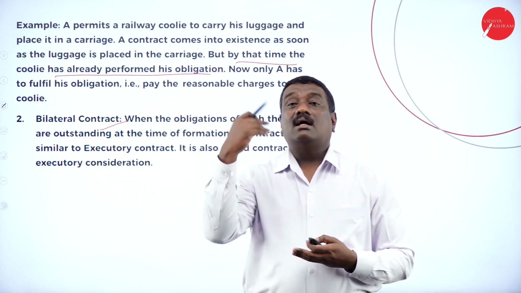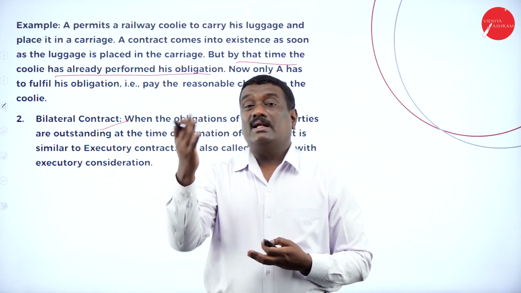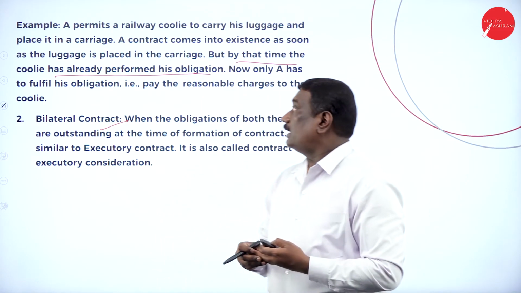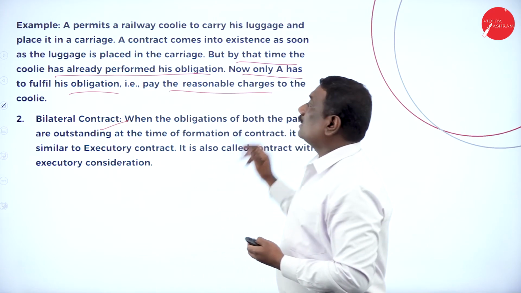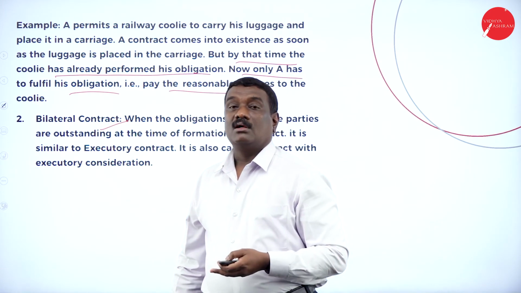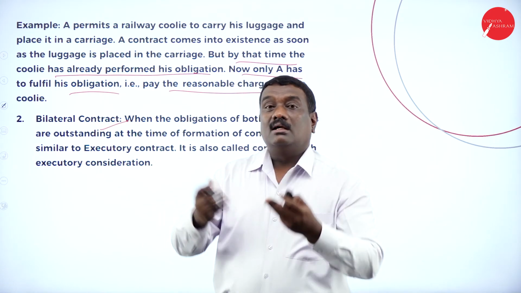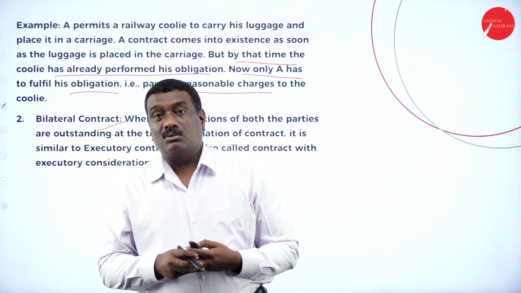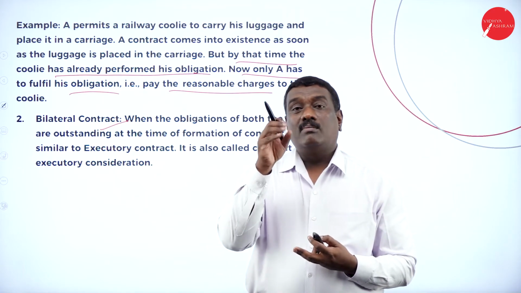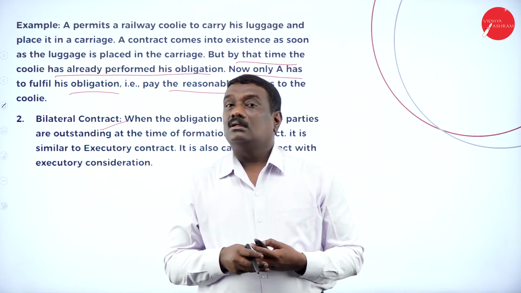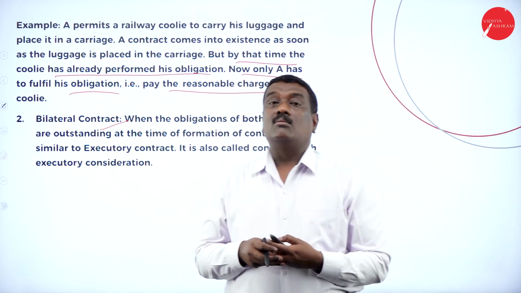He has already completed his obligation, and thereby A now has to fulfill his obligation, that is, to pay the reasonable charges to the coolie, the amount for carrying out his duties.